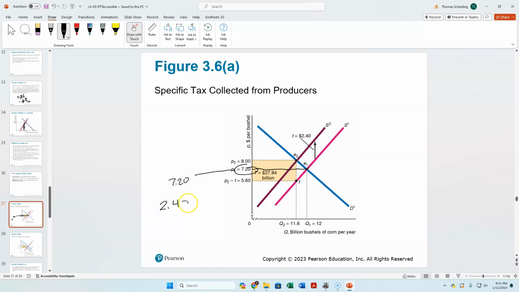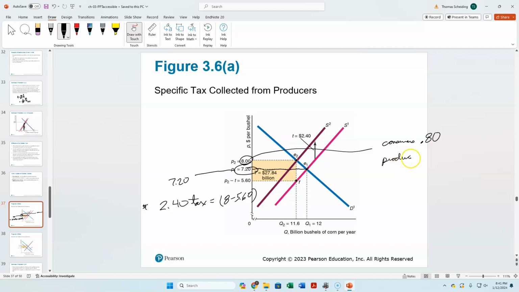Now, after the tax, the consumer is paying $8, which means consumers are paying 80 cents more.